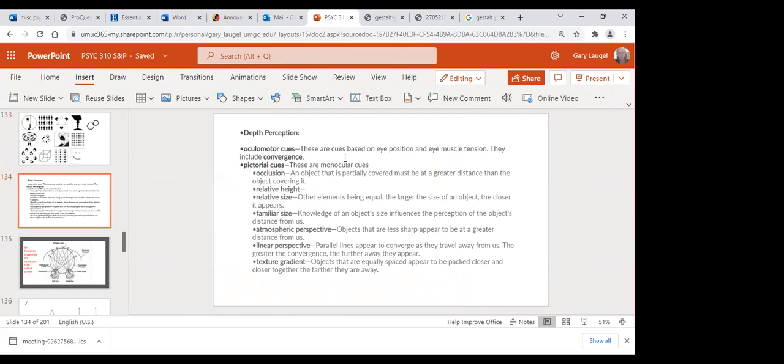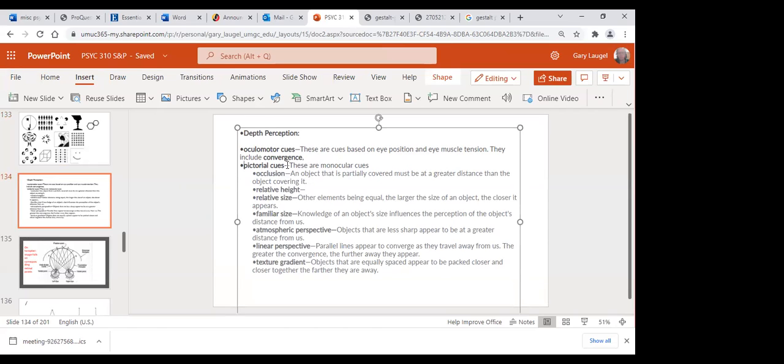In other words, you can look at a picture and perceive depth because of the way the artist has produced the items in the picture. And you only need one eye for that.